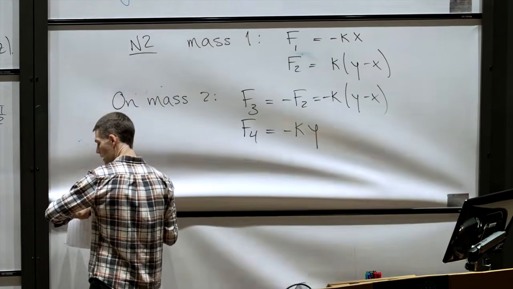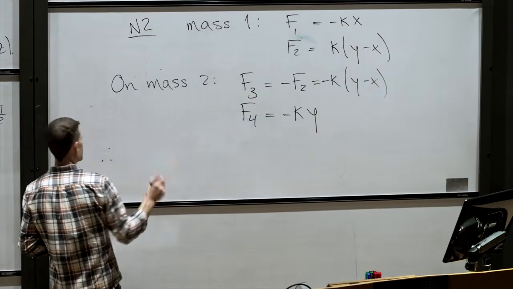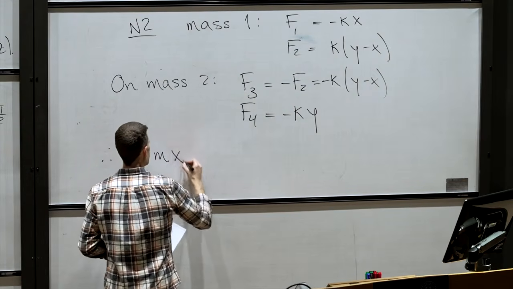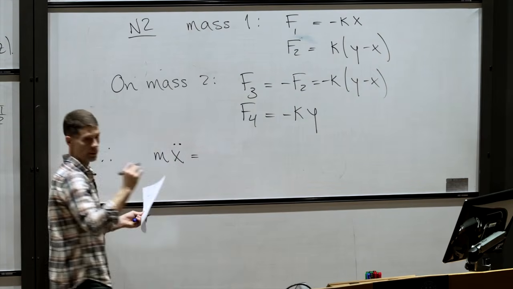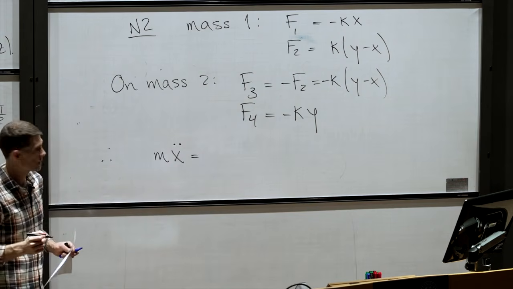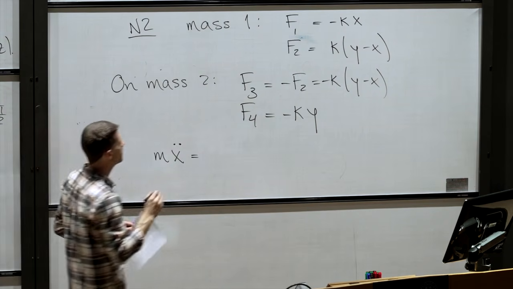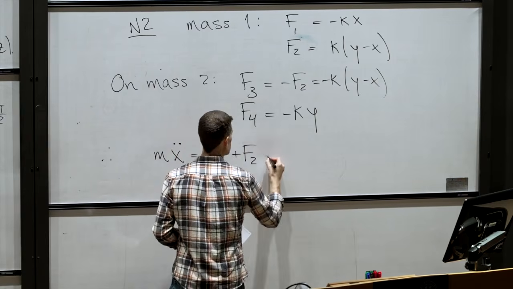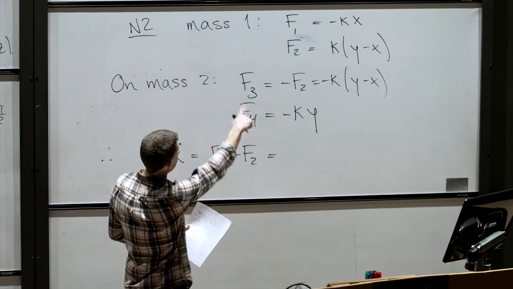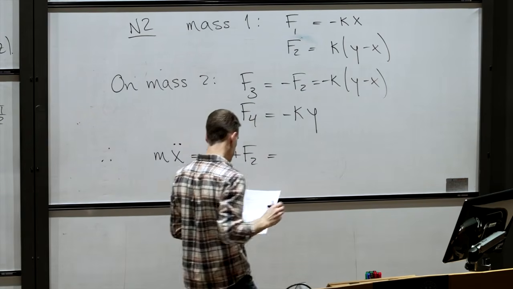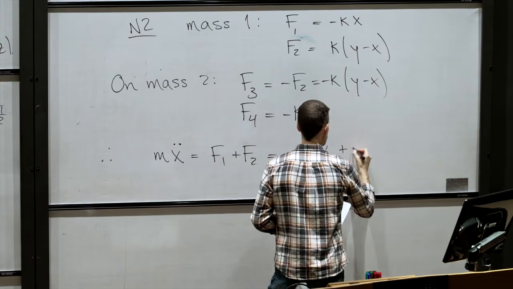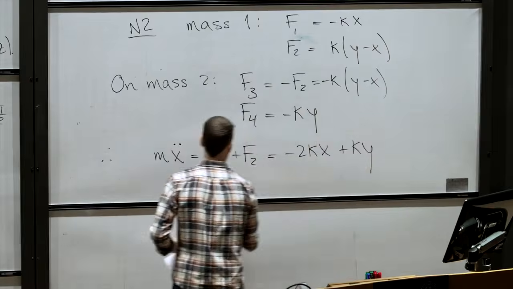And therefore, if I write that as a system with Newton's second law, I get m x double dot is just the sum of the forces on mass 1, which is F1 plus F2. If I combine those two terms, I get minus 2kx plus ky.